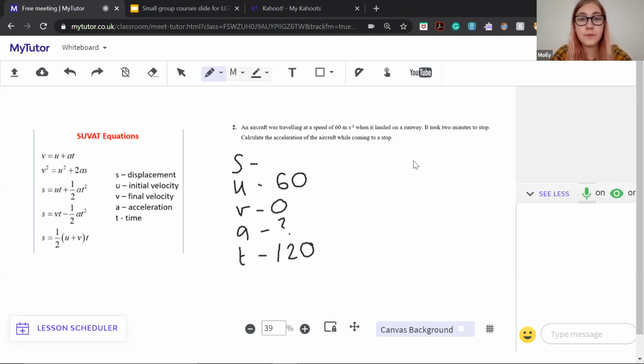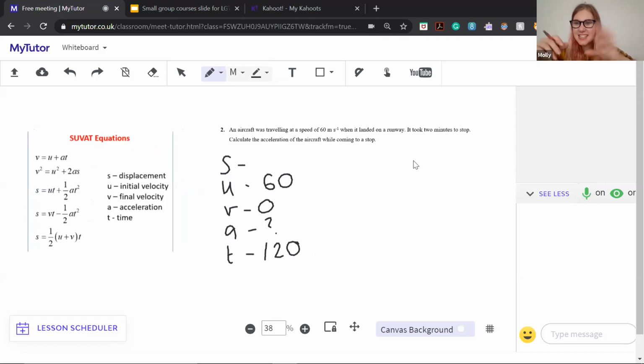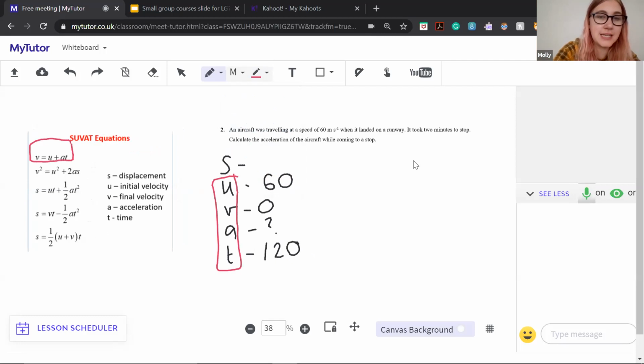So now the acceleration we know is going to be a negative number because it's going to be slowing down. It's decreasing its speed. So we can see yet again that the one that we don't have is S. So we'll choose v equals u plus at. So give it a go.